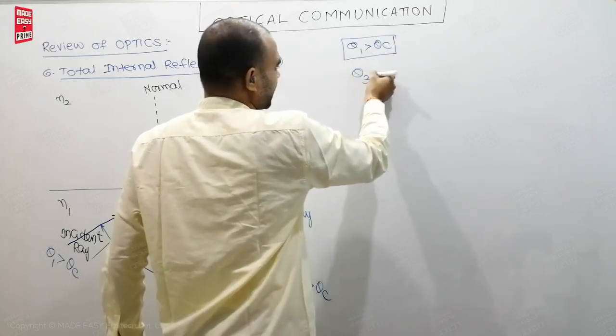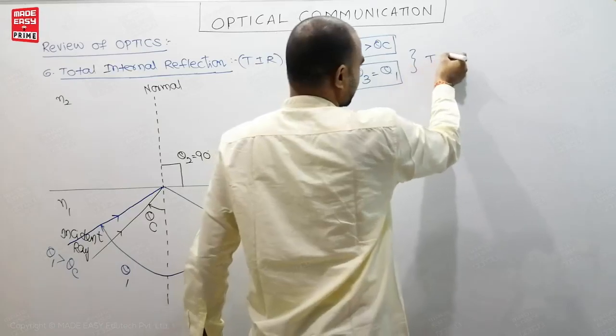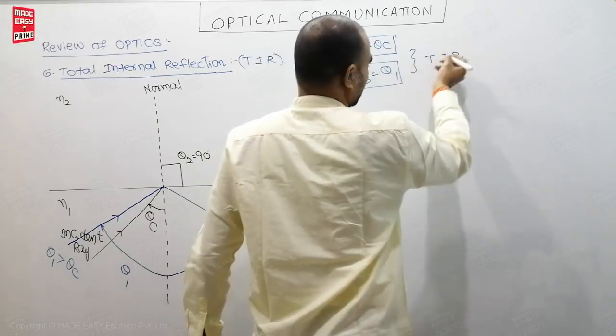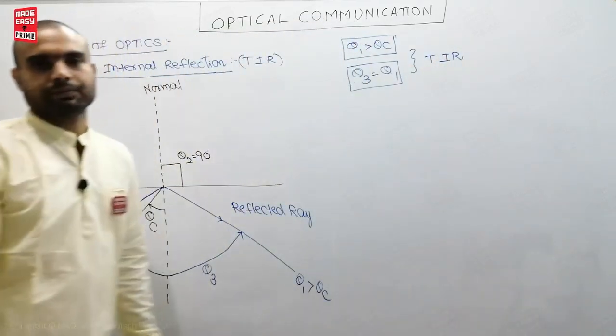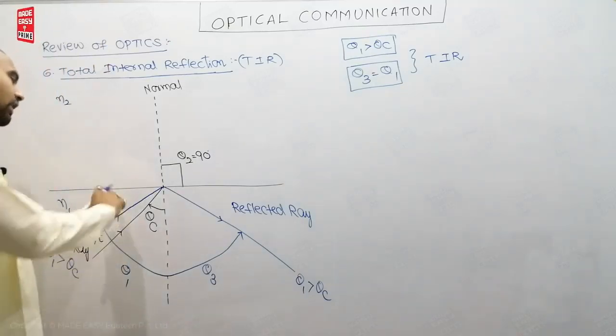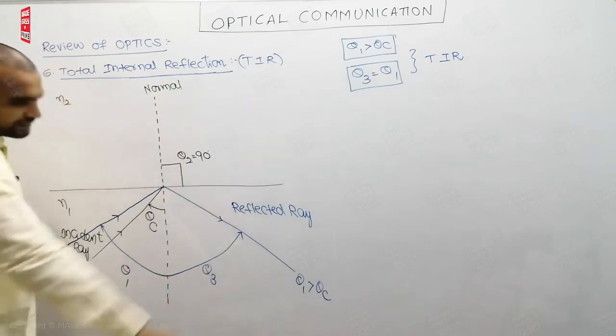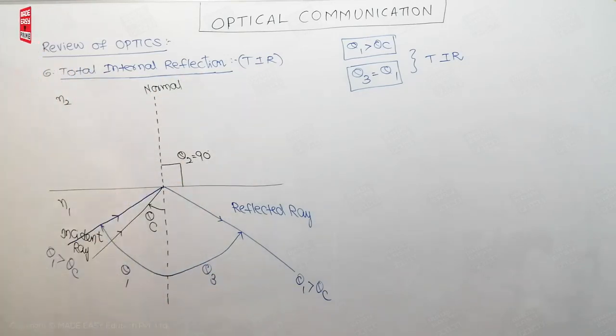So if total internal reflection takes place when theta 1 is greater than theta c, then theta 3 is equal to theta 1, which is the condition for TIR, total internal reflection. If this condition is present, the light ray does not pass into another boundary. It remains in the same medium, which is called TIR.